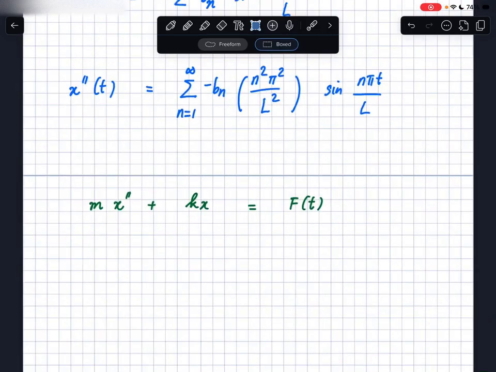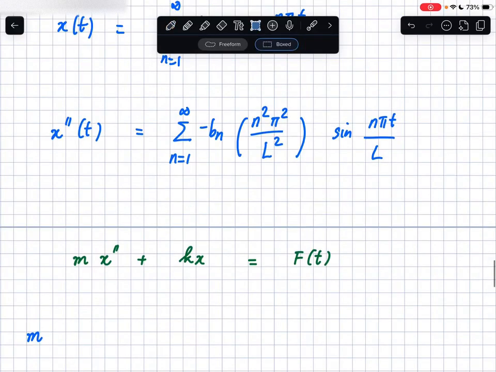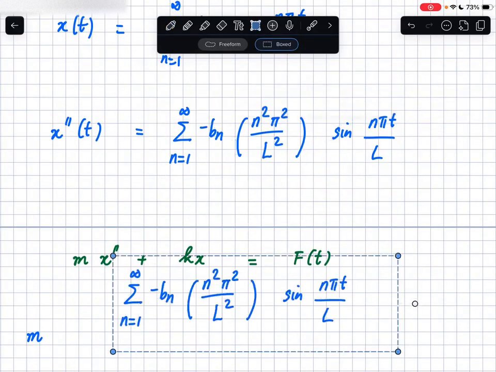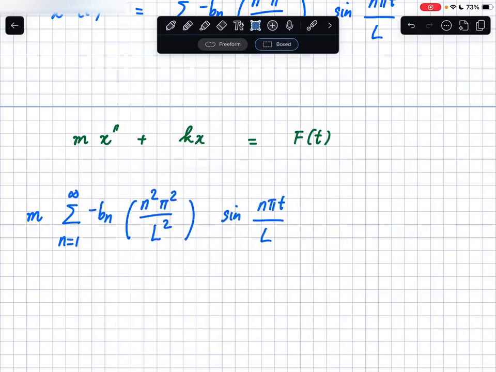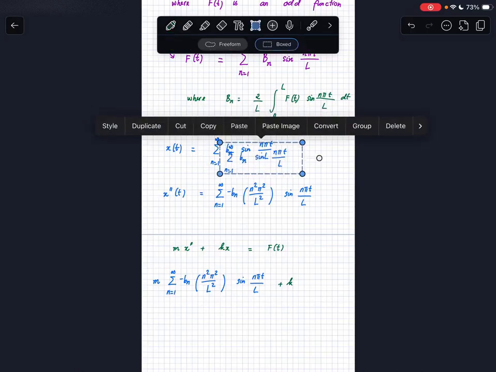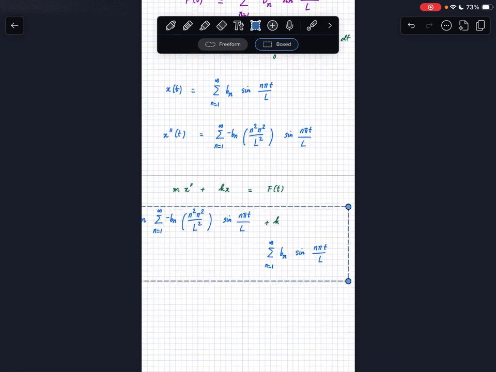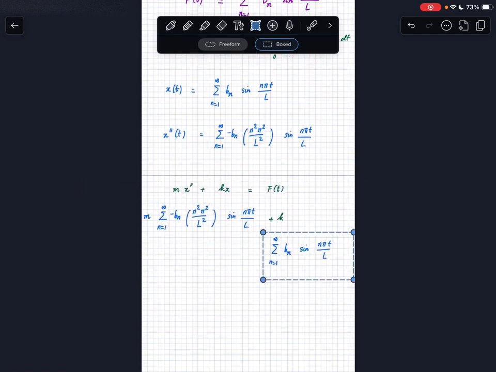We have m times this plus k times x equal to f(t).